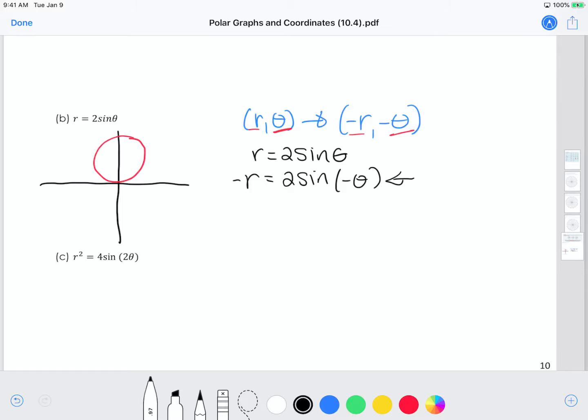And if you recall, sine is an odd function. And if we think back to the properties of odd functions, that tells me that sine of negative theta is the same as negative sine theta. So I'm going to replace sine of negative theta with negative sine theta.